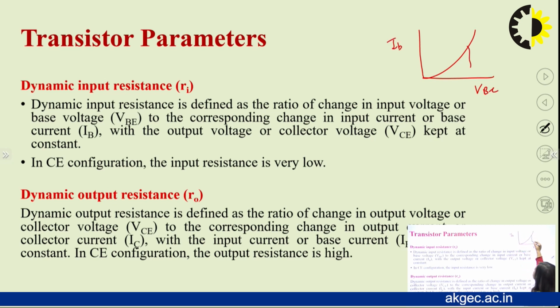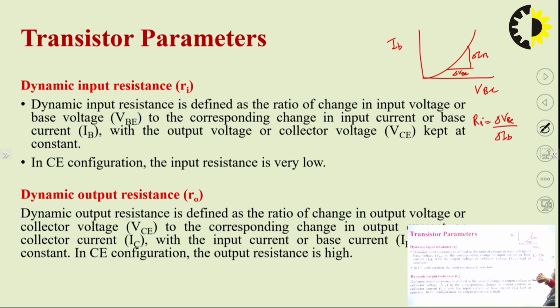If we find the dynamic resistance, this is delta VB, this is delta IB. So RI would be equal to delta VBE upon delta IB. We will see this resistance will be low; in common emitter configuration the input resistance is very low, we can see from the graph also.